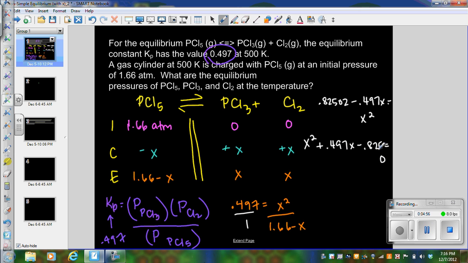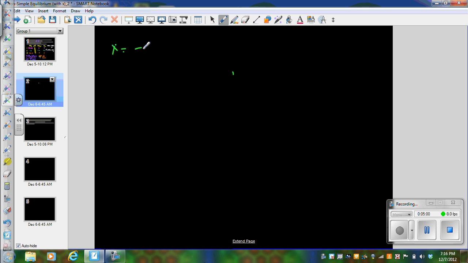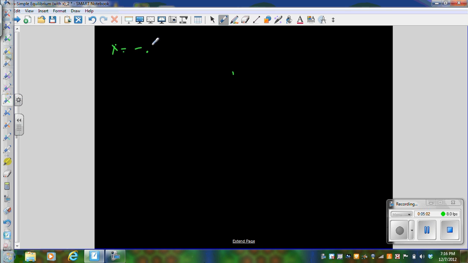Negative 0.497 plus or minus the square root of b squared, which is 0.497 squared, minus 4a, where a was 1, c was negative 0.825.